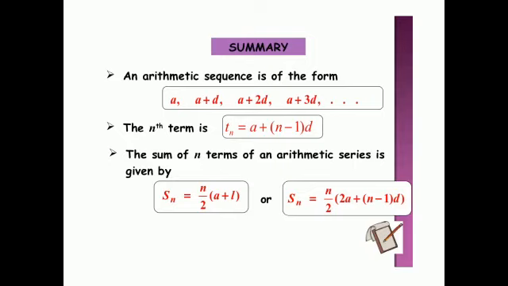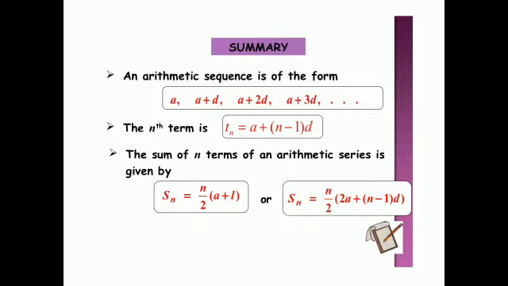Okay, before leaving I will give the summary again about the arithmetic series. Arithmetic series or sequence: a, a plus d, a plus 2d, a plus 3d, a plus 4d, it is going like that. It is the general form of the series. Then how can we find the nth term? Tn is equal to a plus n minus 1 into d. Then what is the formula for finding the sum of n terms?